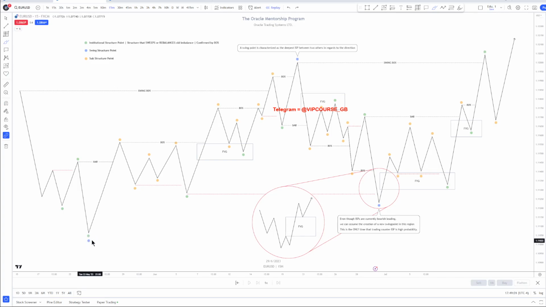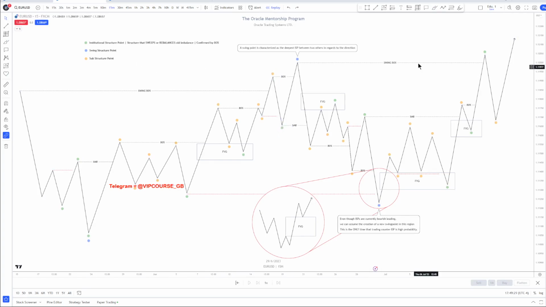It is an ISP that has a higher ISP to the left and a higher ISP to the right, okay? A swing structure high is a swing structure point with a higher one on the left and a higher one on the right, okay? This here.